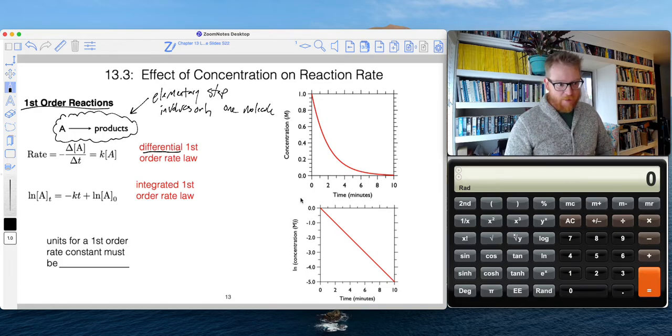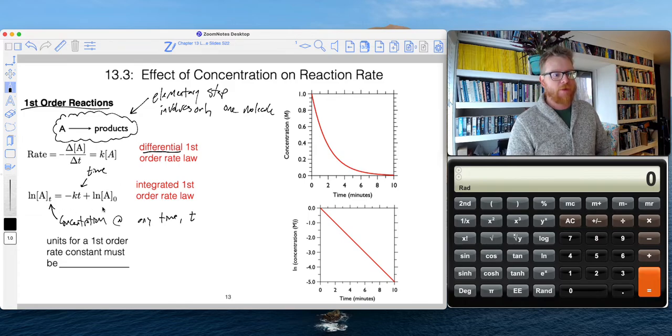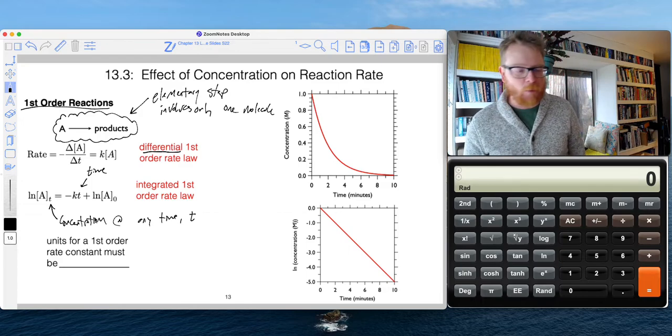Okay, so let's describe everything we've got here. So this A at time t, so that would be concentration at any time denoted by t. Okay, so this t and this t correspond to each other, okay, time. And that could be in seconds or minutes or hours, okay, years, whatever we want.